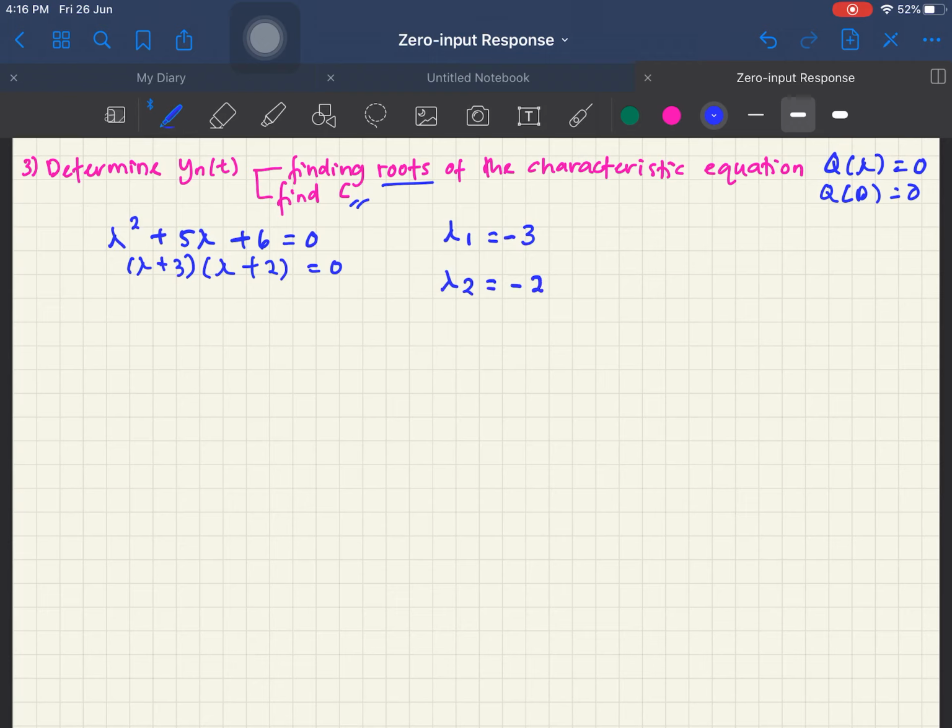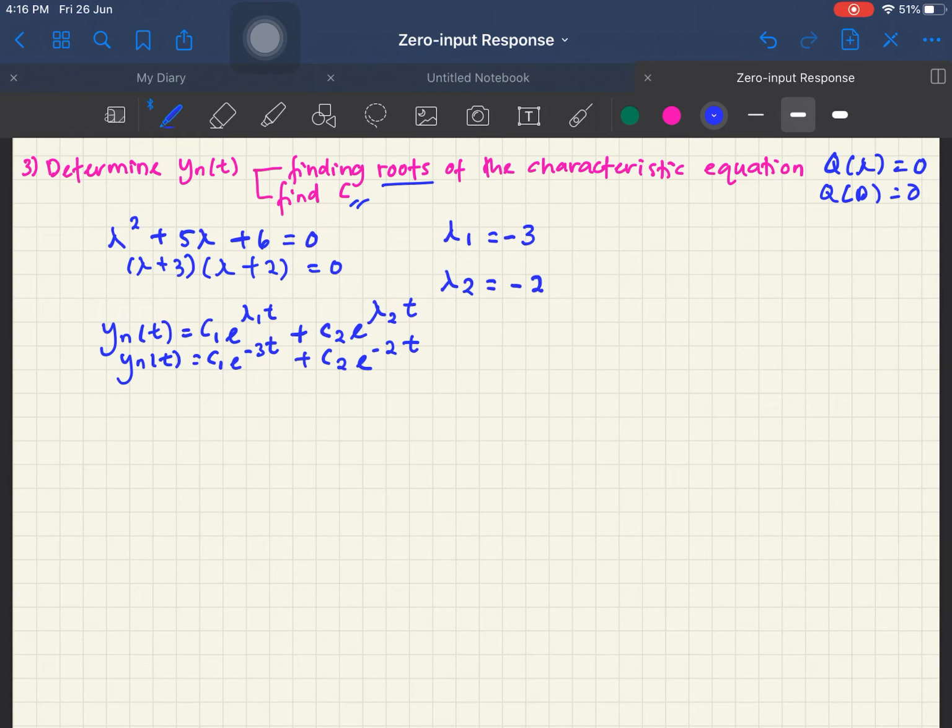The general solution is yn of t equals c1 e to the lambda 1 t plus c2 e to the lambda 2 t, which is c1 e to the minus 3t plus c2 e to the minus 2t.